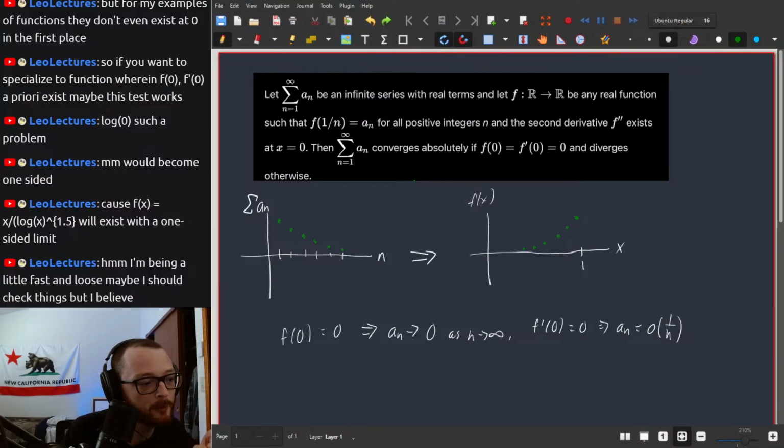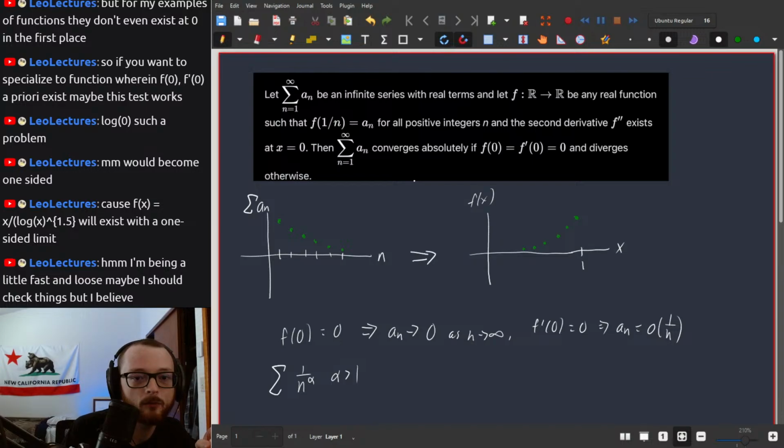And Leo, I think what you said, yeah, okay, so for a p-series, you need to require alpha is more than 1 for it to converge.